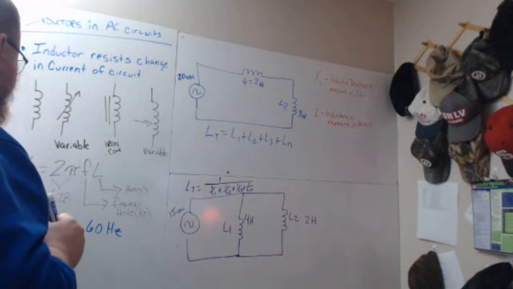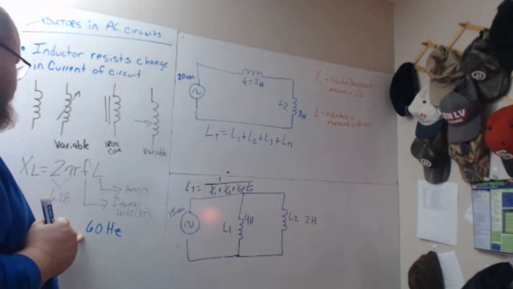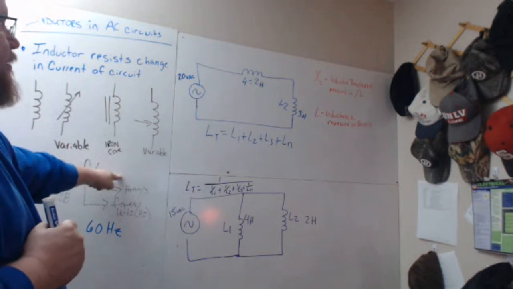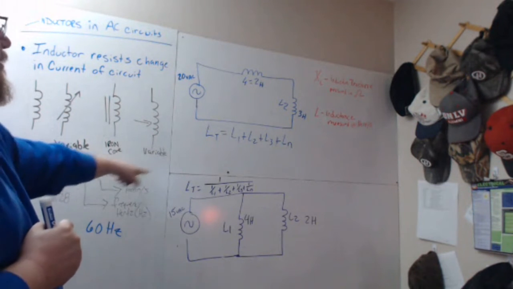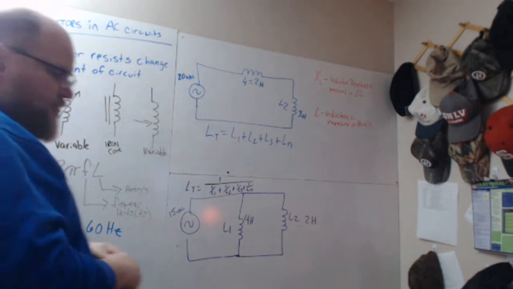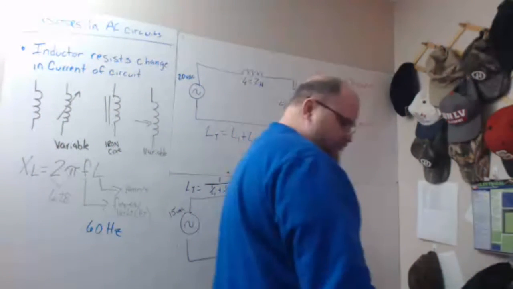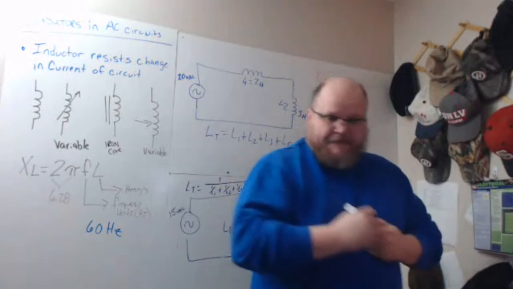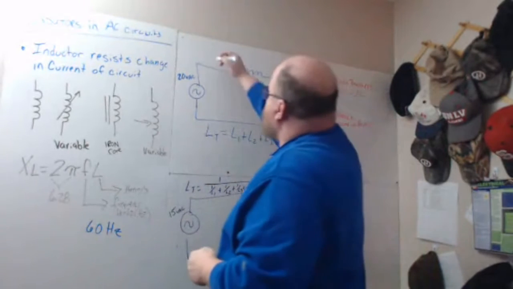So it would be 6.28 times 60 times whatever the inductance is. In that case, it's 2. So it'll be 120 times 6.28. I've got to do it manually because I misplaced my calculator.